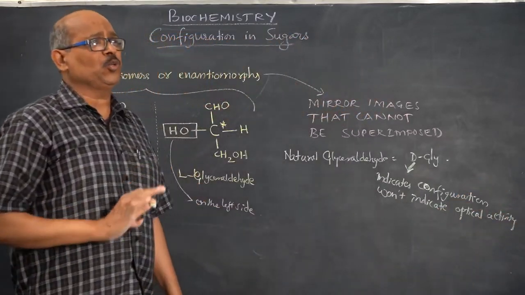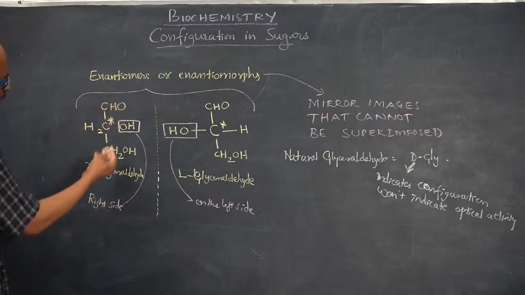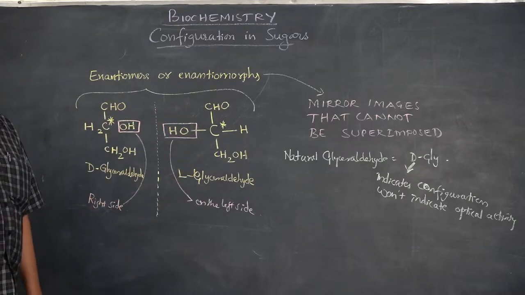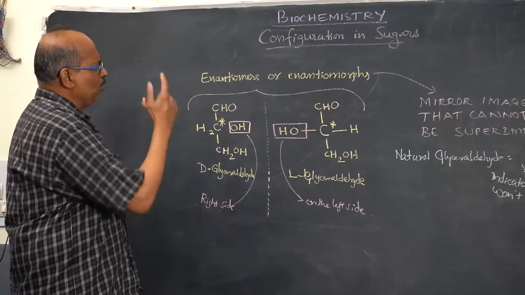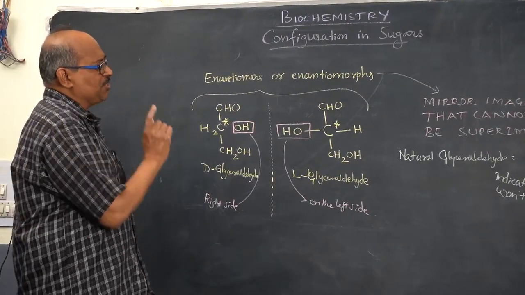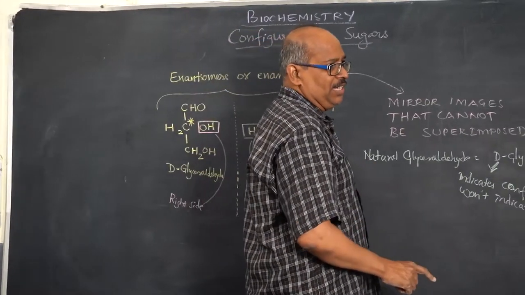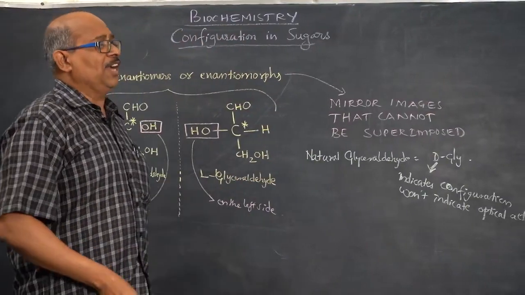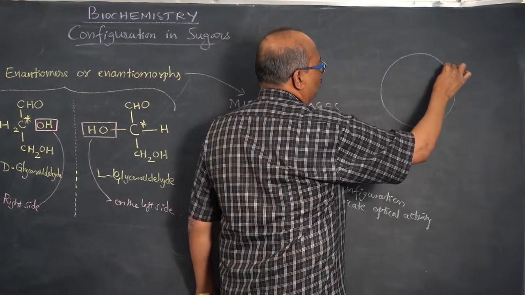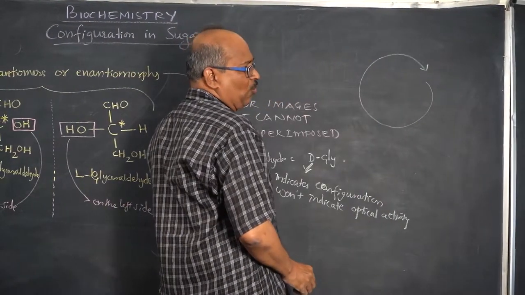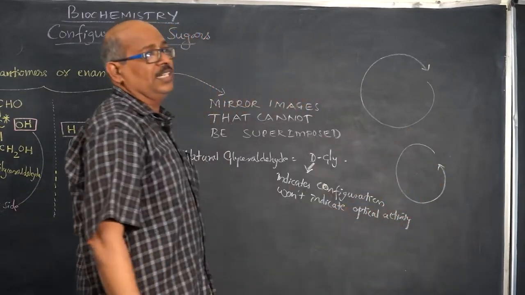Now the difference between the two is, the configuration of a molecule we can identify just by looking at the molecule structure. So you draw the molecular structure on the board, on paper, or anywhere. By looking at the molecule, you can decide whether it is D or L. But when you go for optical rotation activity, you have to do the experiment and see whether the plane of polarized light is moving in the clockwise direction or the anti-clockwise direction.